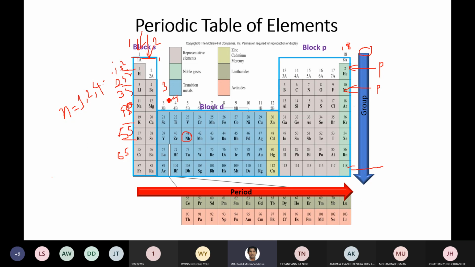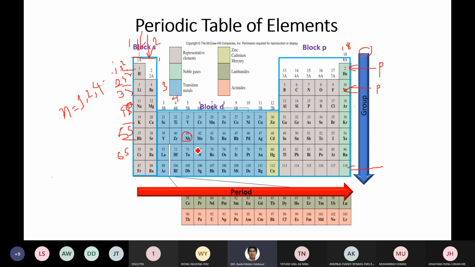And based on that group, we can also find out the characteristics of the element, or what to expect from that element, or the chemical properties of that element, or how it would behave if we start to do some reaction with that element.